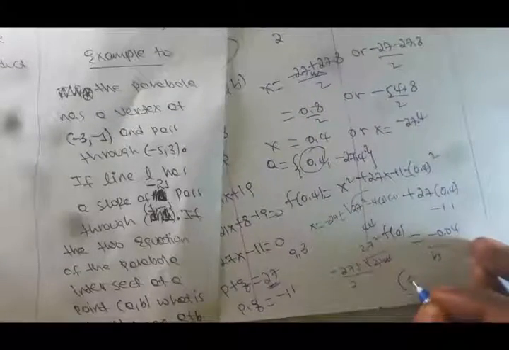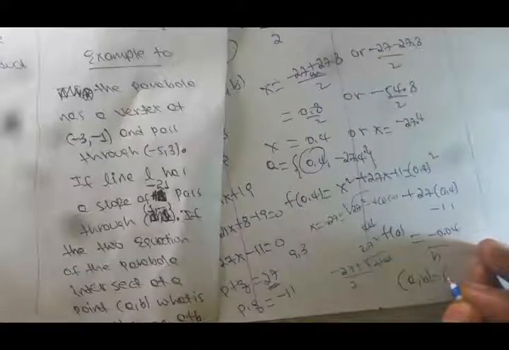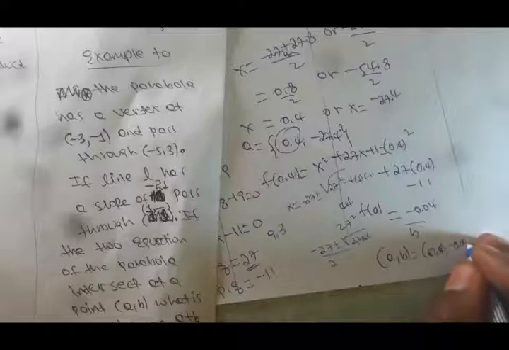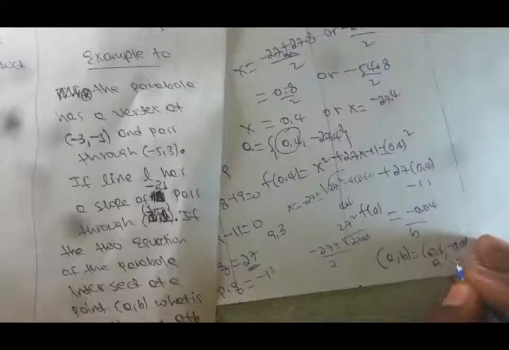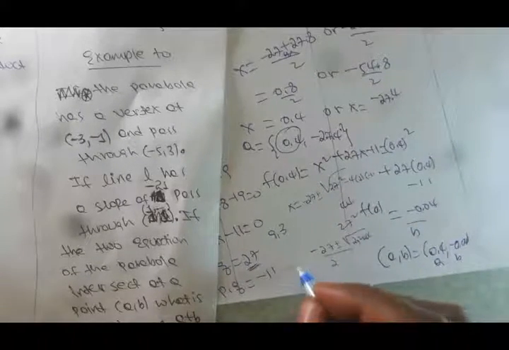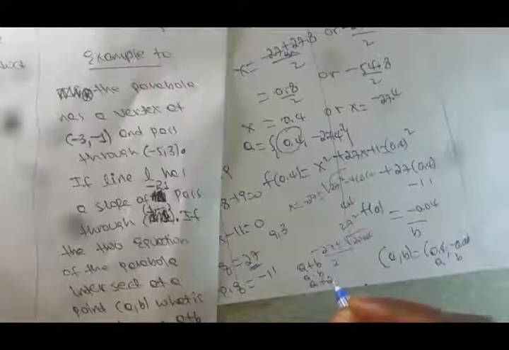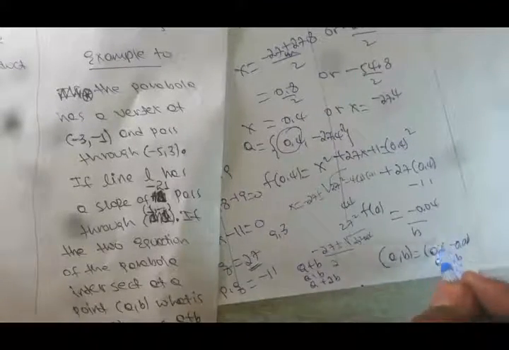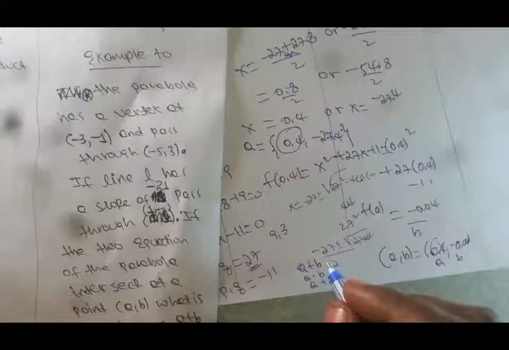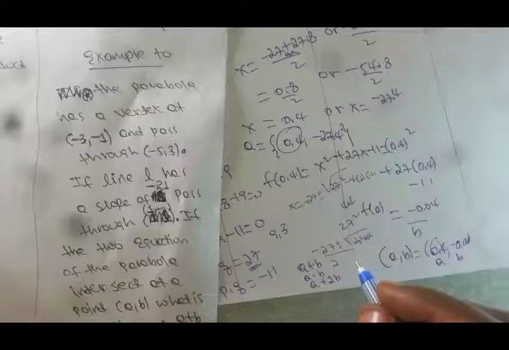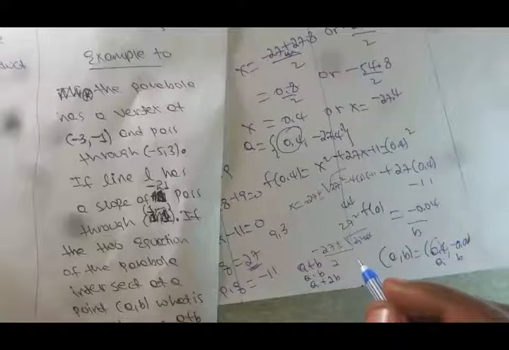So the value of a is 0.4 and b is minus 0.04. So you can solve a plus b, a times b, and a plus 2 times b by inserting 0.4 in terms of a and minus 0.04 in terms of b.